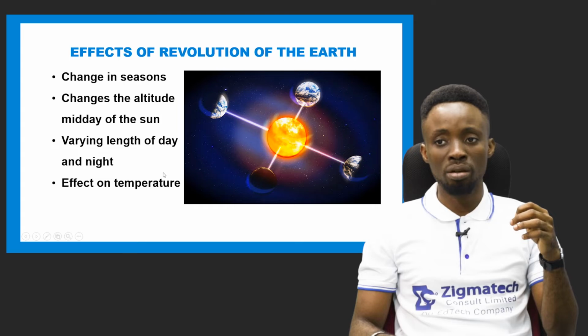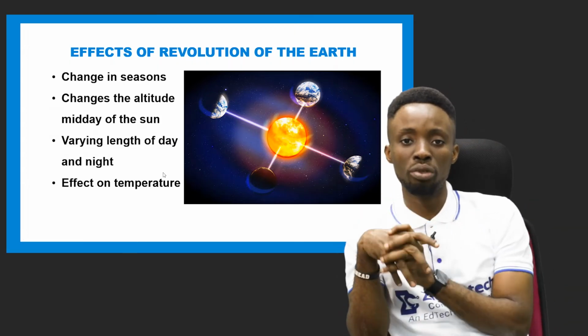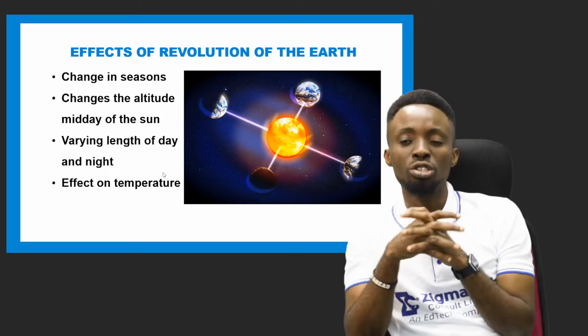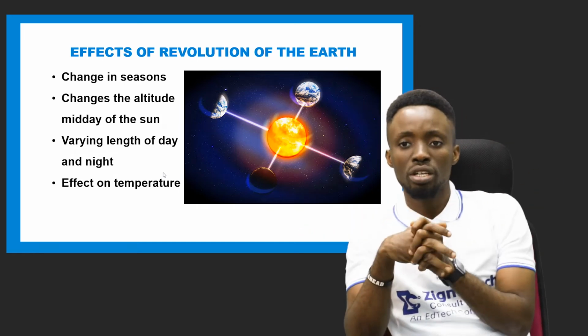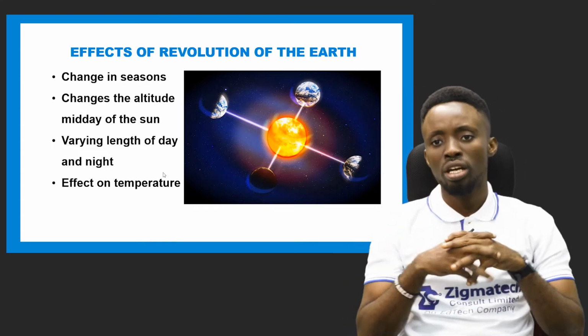So let's look at the effects of the revolution of the Earth. Just as we have rotation causing an effect, revolution also brings about its own effect. So the first effect is called change in season.